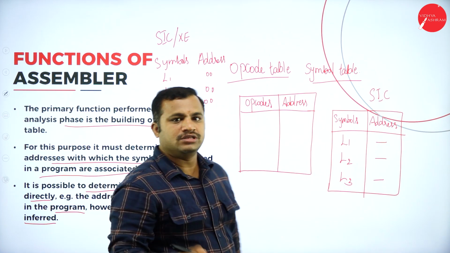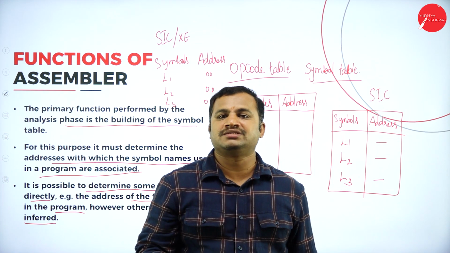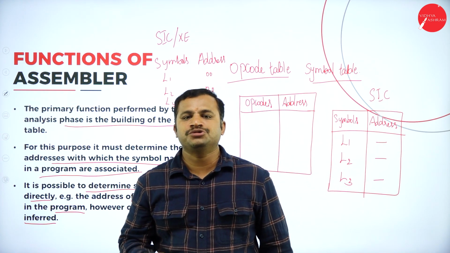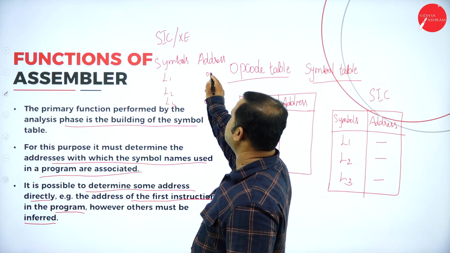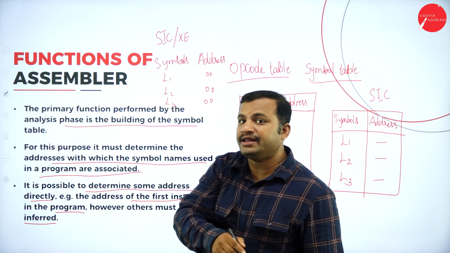That is how the symbol table is defined and initialized initially. Later, during the execution of the program, these addresses are filled with the actual addresses of the labels defined in a program.